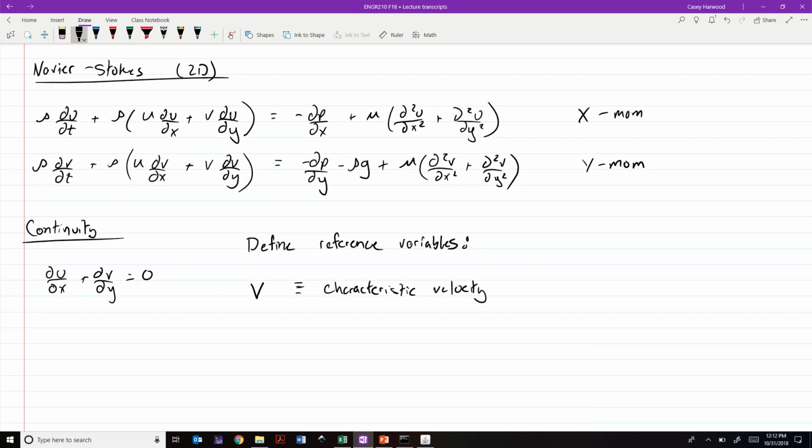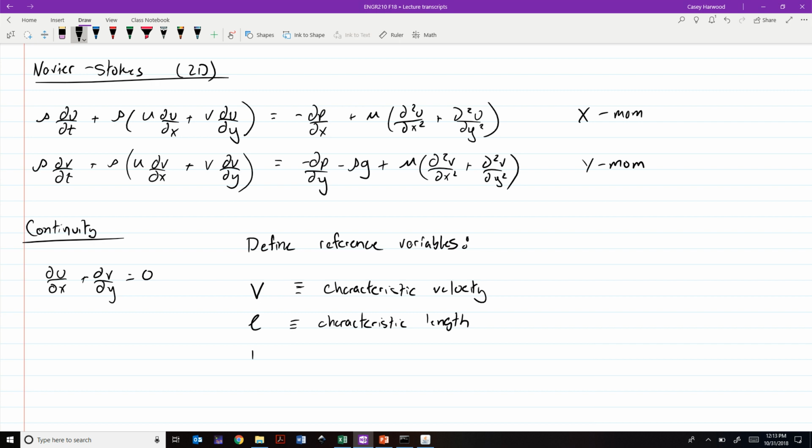It's simply a velocity that is important to the problem, and a well-known velocity. Then you can have L, which is our characteristic length. If we're dealing with a sphere moving through a fluid, we might choose the diameter of that sphere as our characteristic length. If we're dealing with a boat moving through the water, we might choose the length of that boat. So this is simply some length scale that is important to the problem.